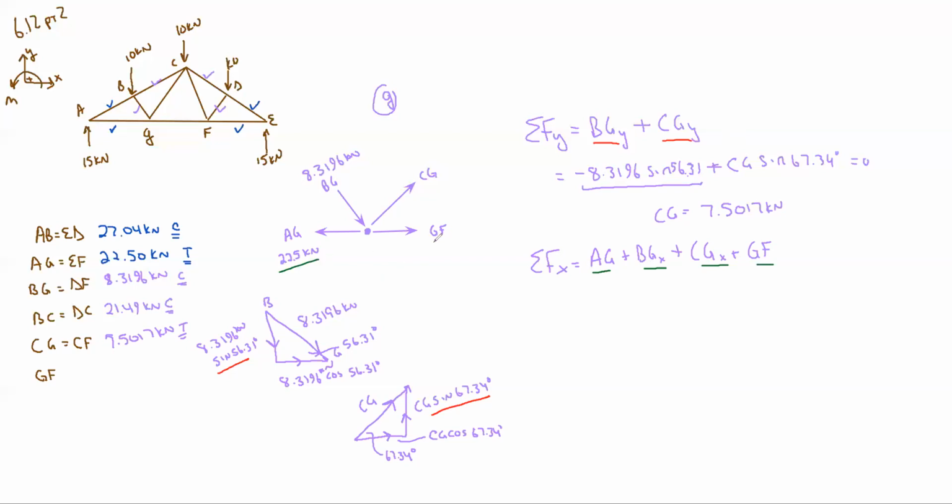So AG, GF, BGX, and CGX. Negative 22.5 kilonewtons plus 8.3196 kilonewtons times the cosine of 56.31 degrees.